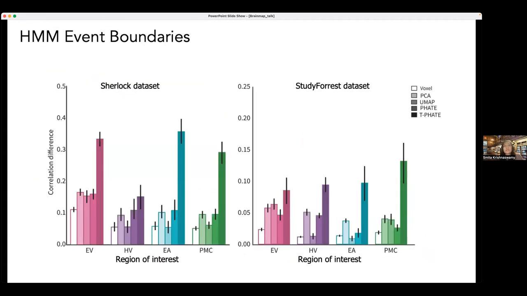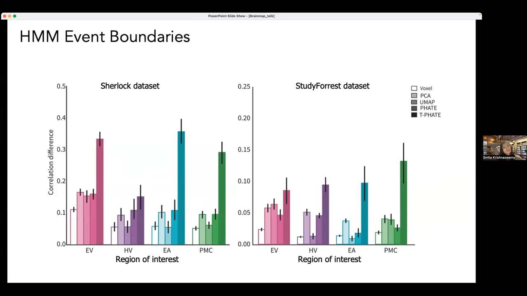And we see that T-PHATE routinely has the highest correlation between movie segmentation and the segmentation of the visualization. And we don't see that in PCA, UMAP, or even PHATE. So these high bars are showing that the dynamics offer the segmentation or the different regimes of the stimulus.